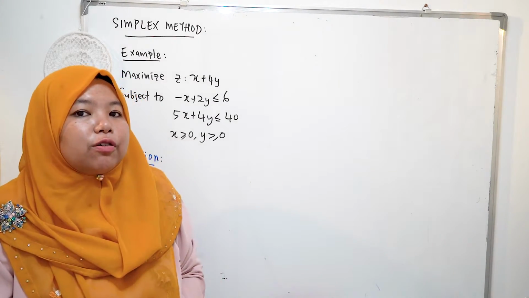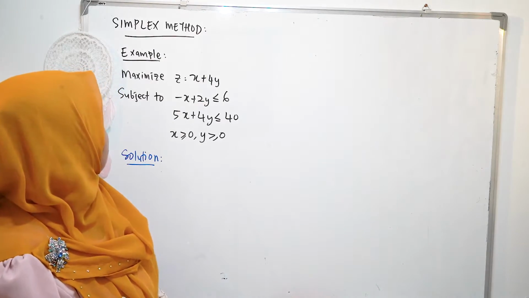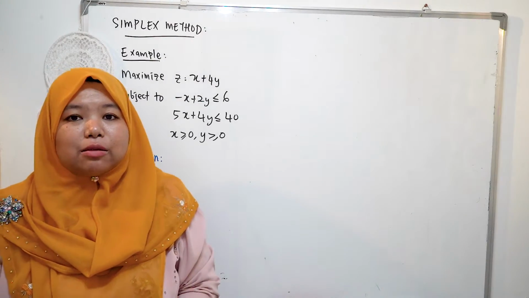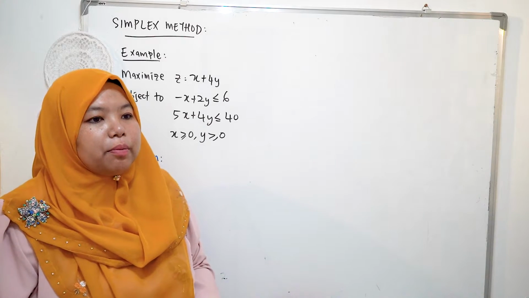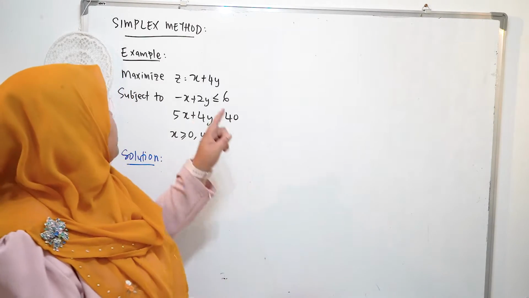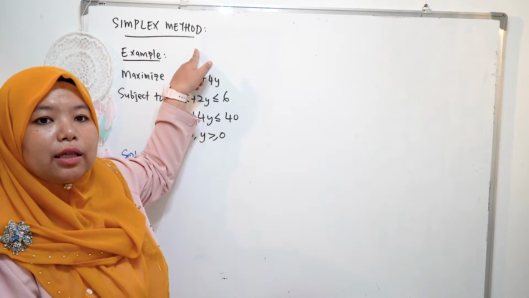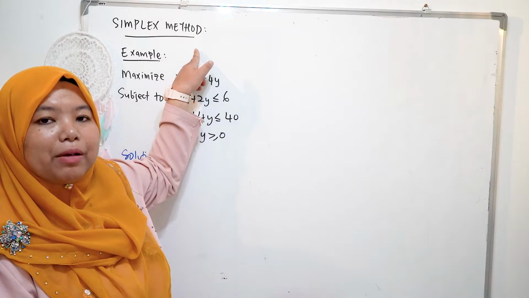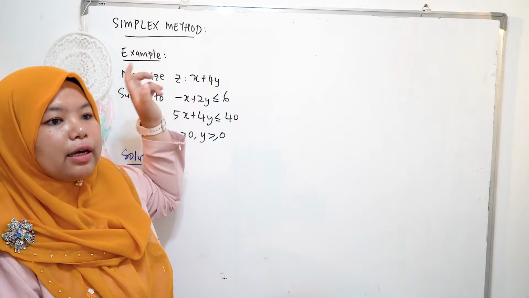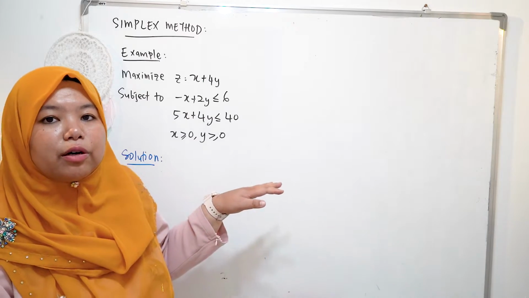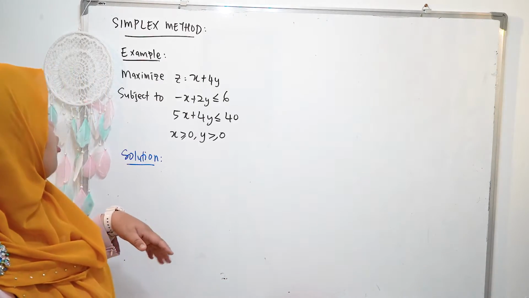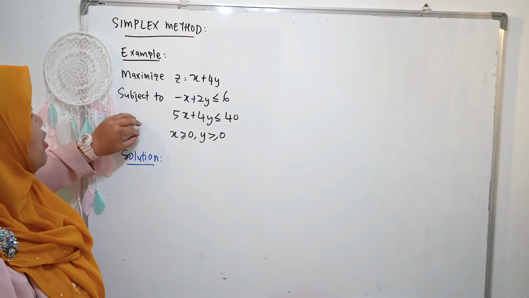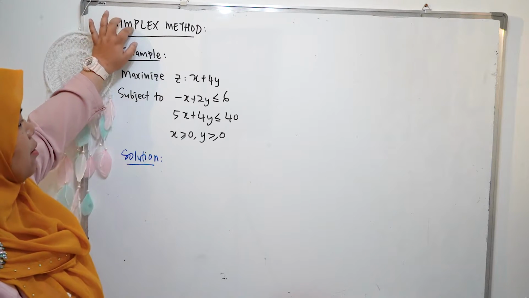For today, I will teach you about the simplex method. For the polytechnic students, the simplex method is in the Math 3 syllabus, in the chapter on linear programming. I will solve this question using the simplex method.